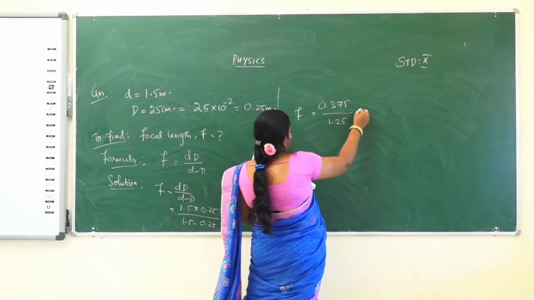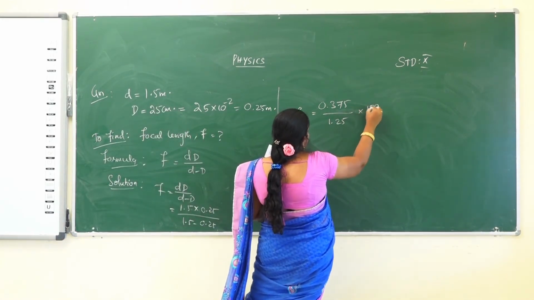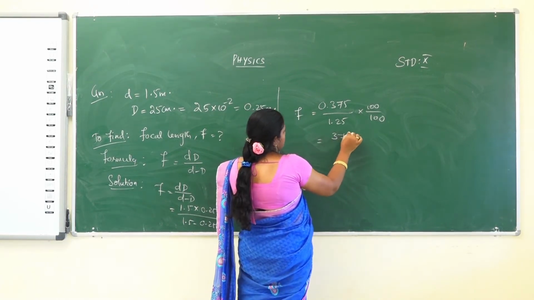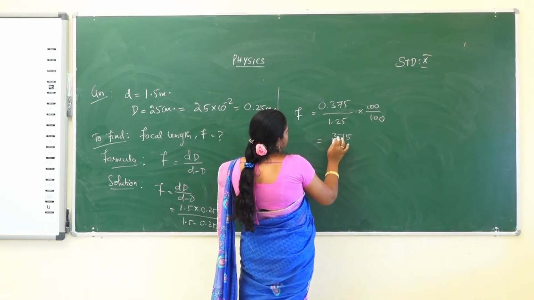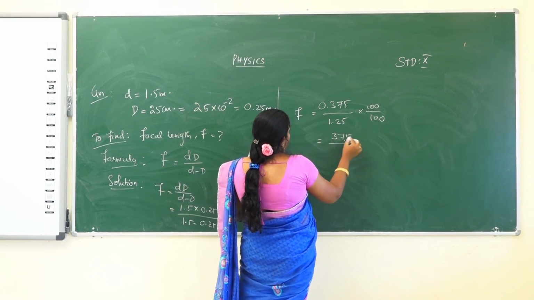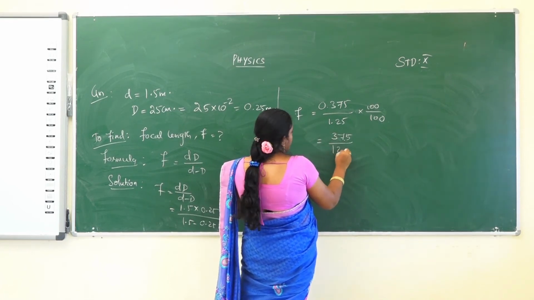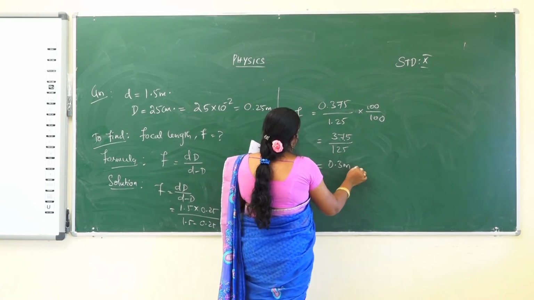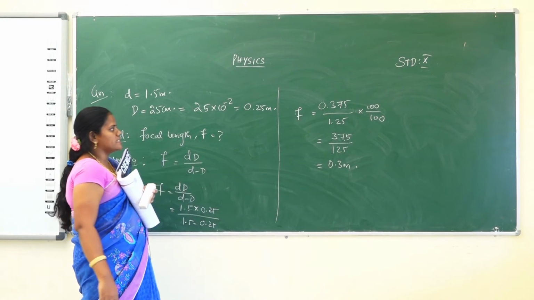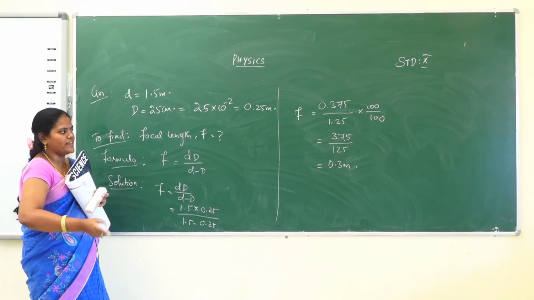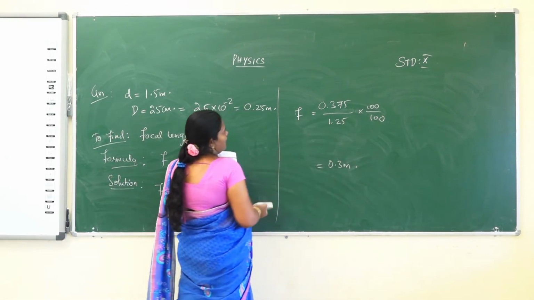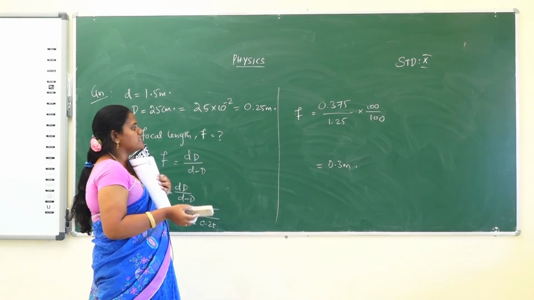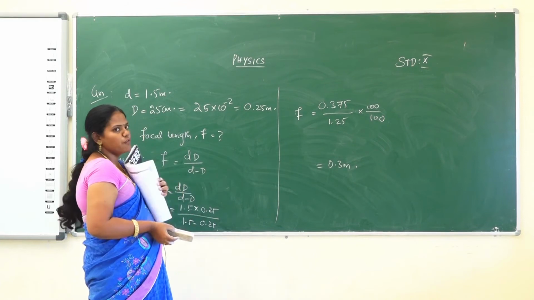It is better to multiply the numerator and denominator by 100, that is 37.5 by 125. Dividing the two values gives 0.3 meter. So the F value is 0.3 meter. That is the focal length.